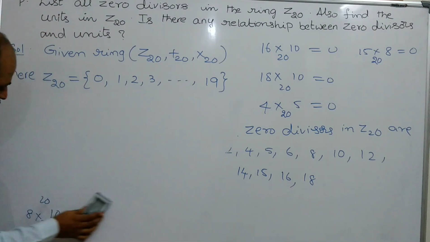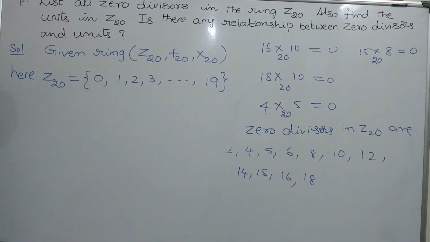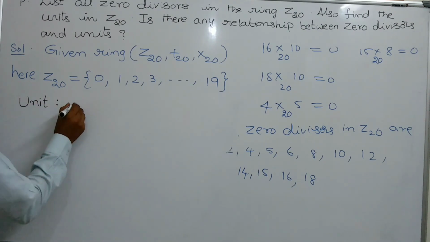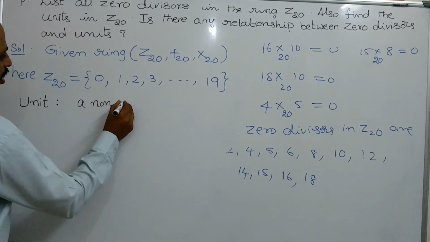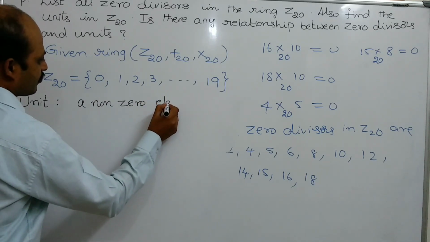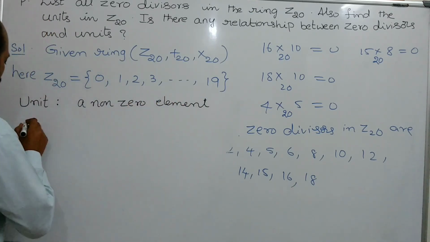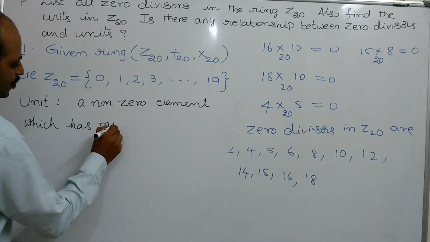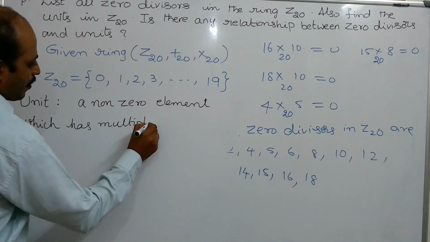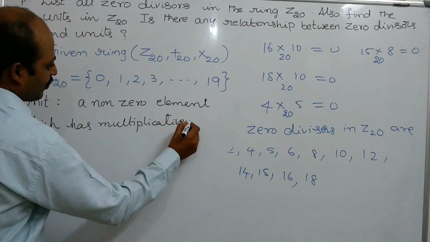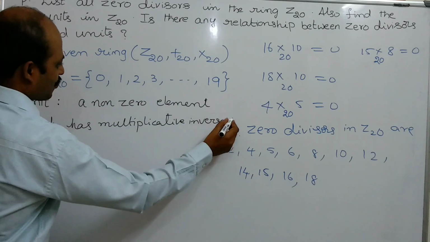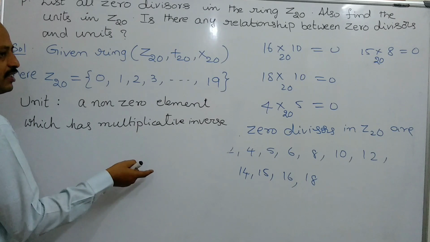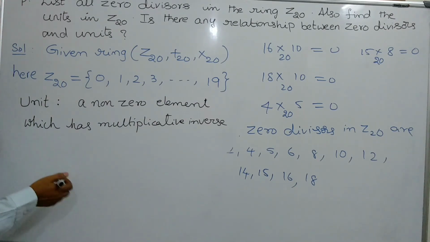The definition of unit is: a non-zero element which has a multiplicative inverse is known as a unit.